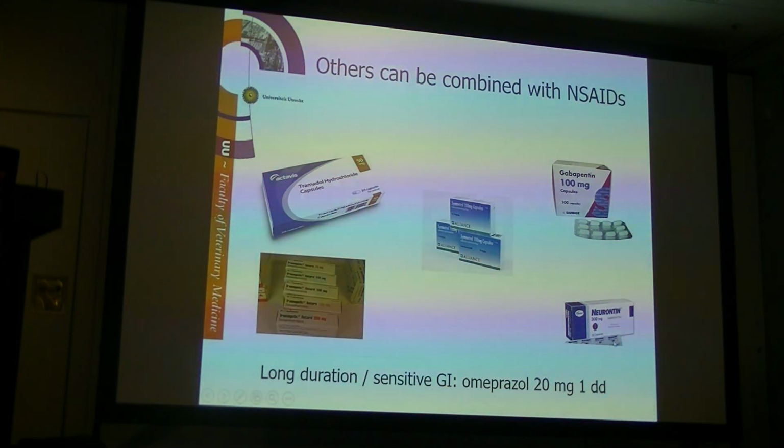And I'm not an expert in pharmacology. I cannot tell you exactly how they work. The opioids, that's clear, that's the opioid pathway. Gabapentin is more focused on inflammation around nerves, so it also works on the PGE2, but more involved in neuritis.